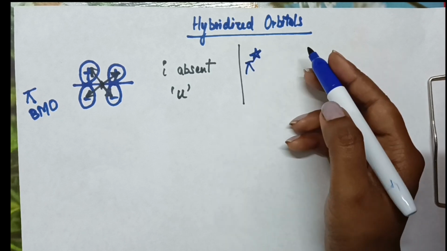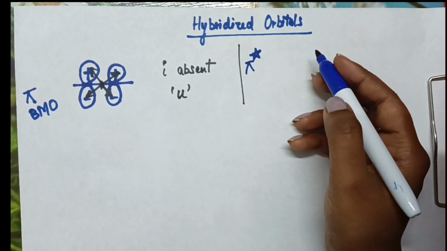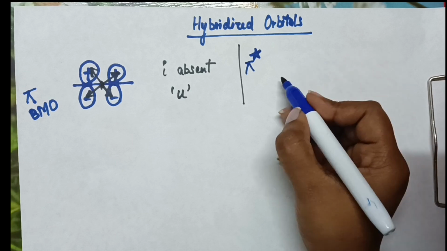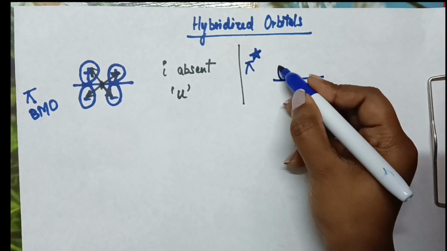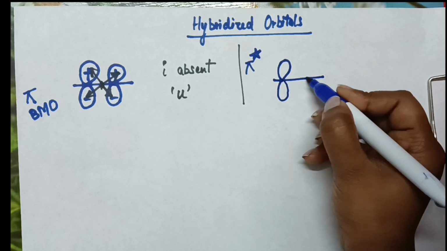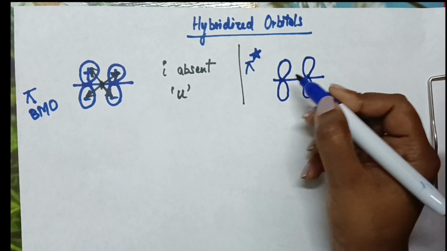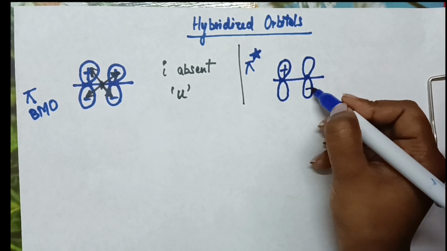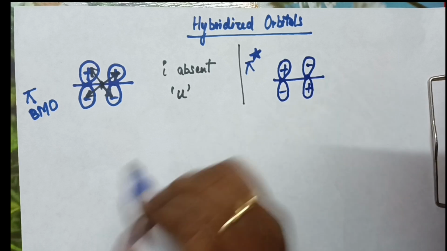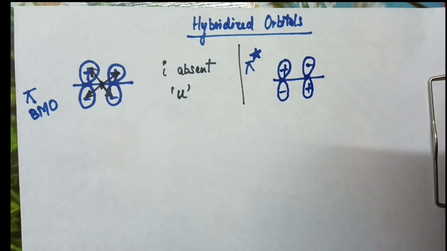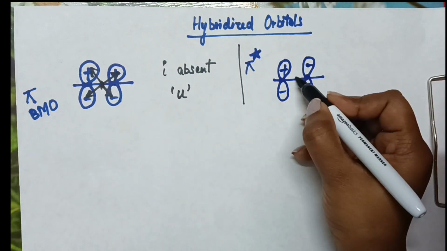Now moving on to pi star. Pi star molecular orbital, or you can say pi anti-bonding molecular orbital. So in that case, plus and plus here, minus and minus here. These will be the orientation of lobes. Now again, I'll take the center.